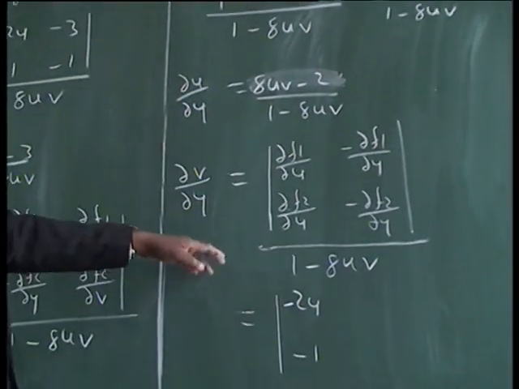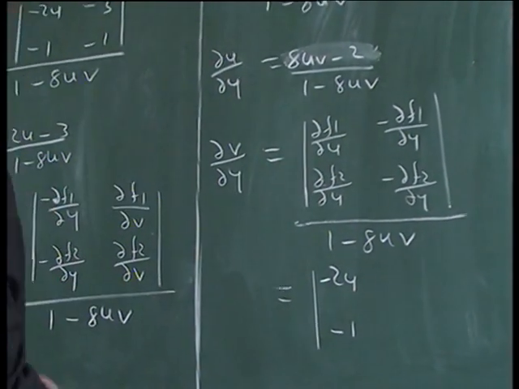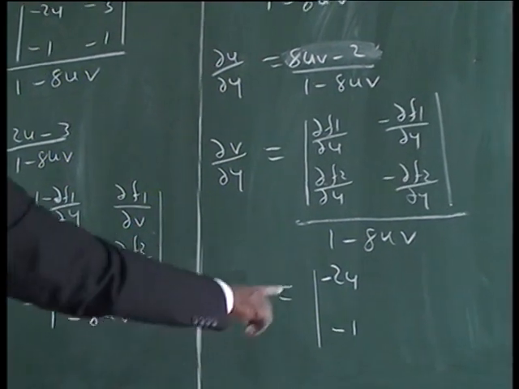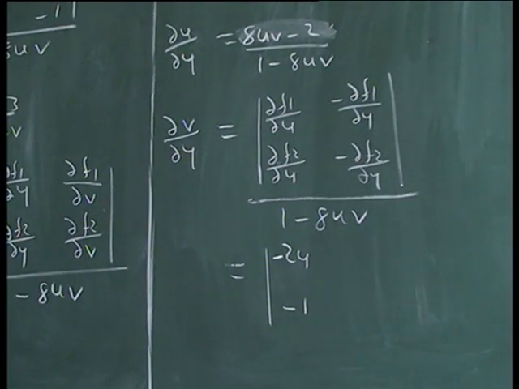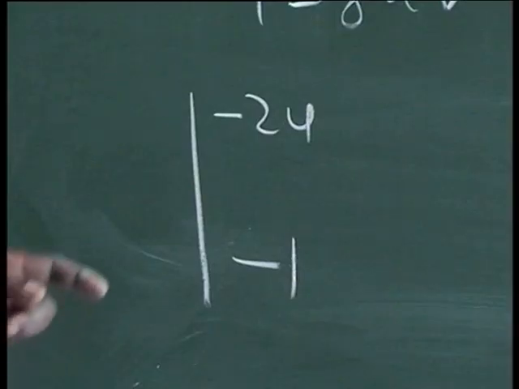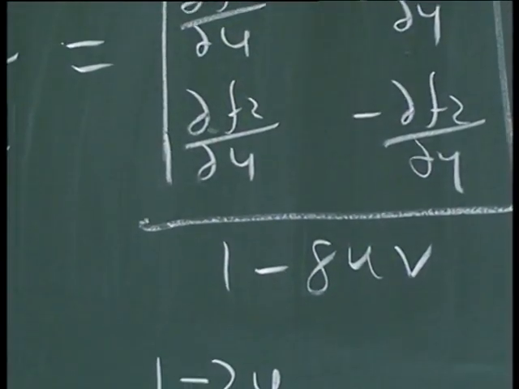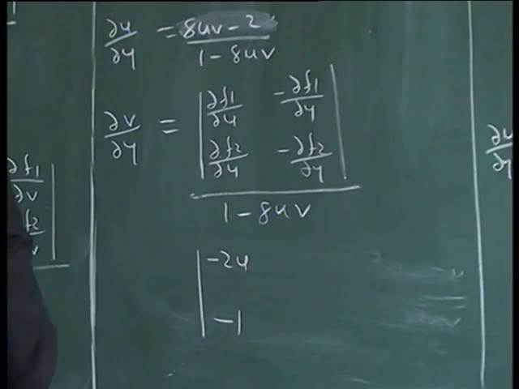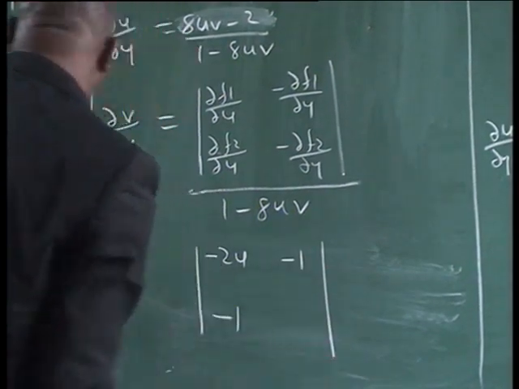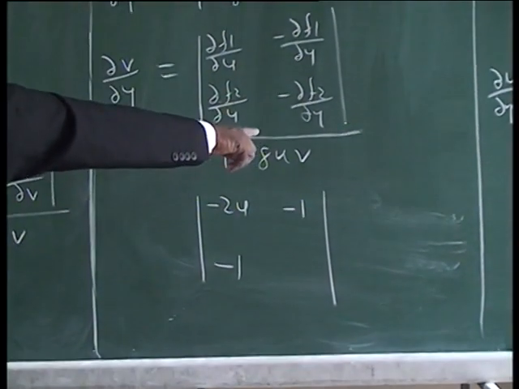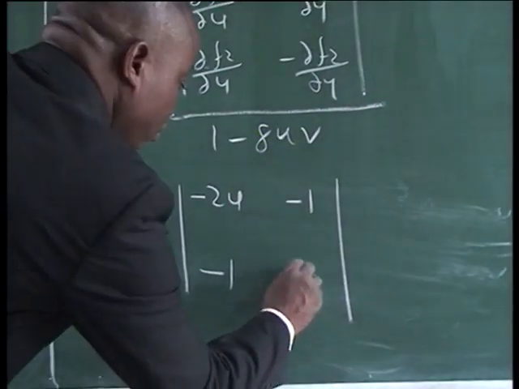So now in this case we have partial f1 partial u is minus 2u. Partial f2 partial u is minus 1. So partial f1 partial y, for our definition, is 1, so this minus will make it minus 1. Partial f2 partial y is minus 2, so with this minus we have 2.